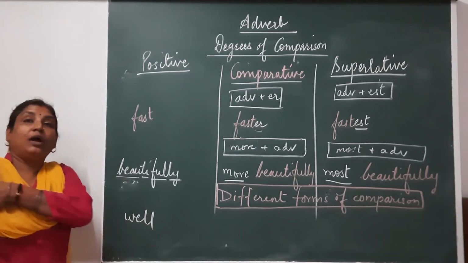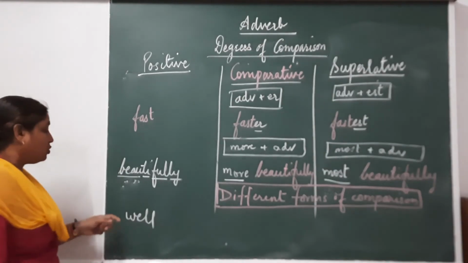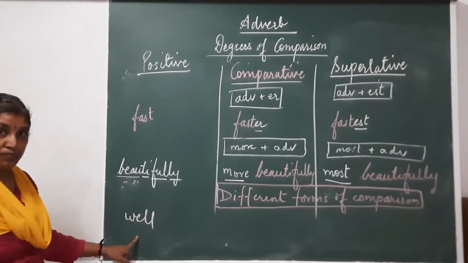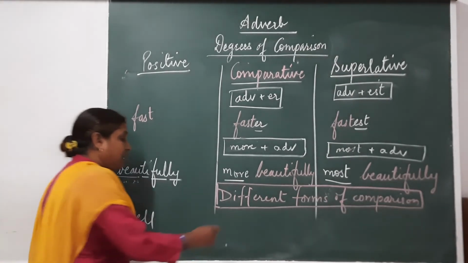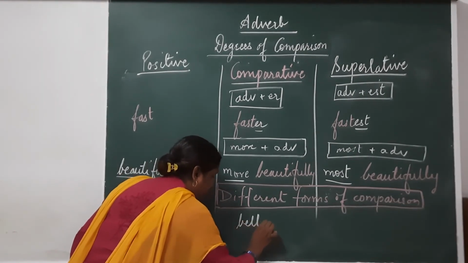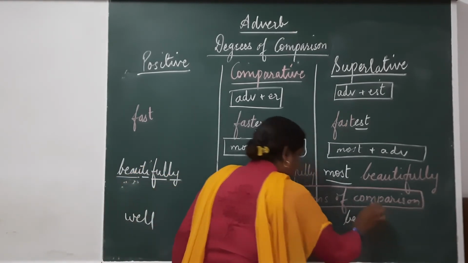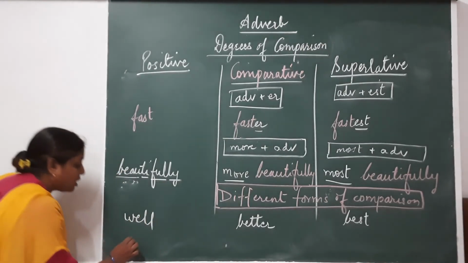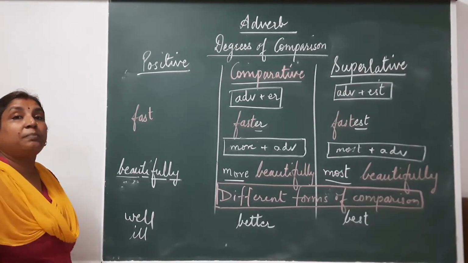Well is an adverb for good. Good is an adjective. So well is used as an adverb which represents good. Just like we have good, better, best, in the same way well, better, best.